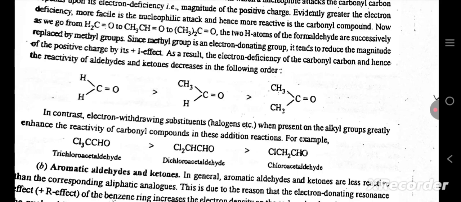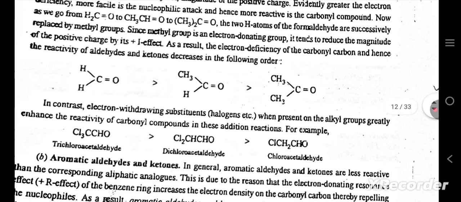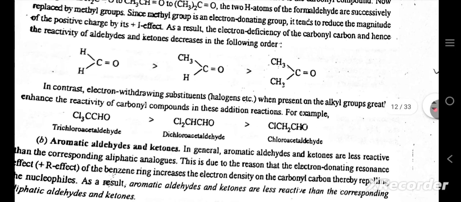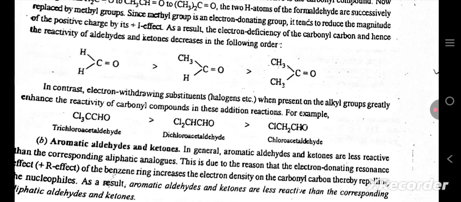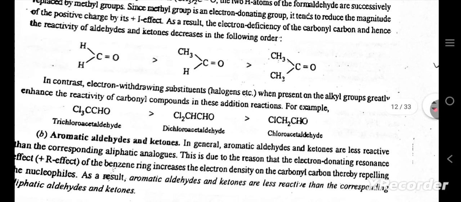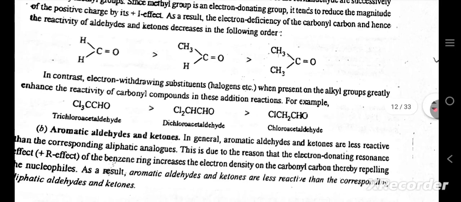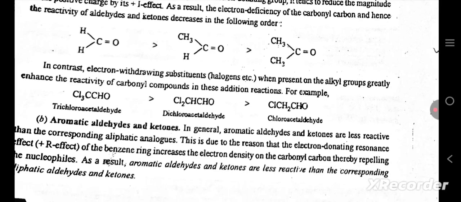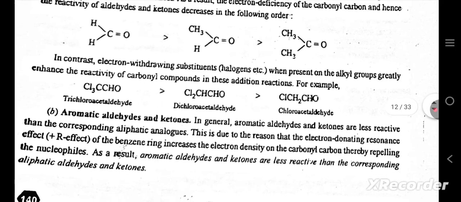Now, as we go from formaldehyde, the two H atoms are successively replaced by methyl groups. Since the methyl group is an electron donating group, it tends to reduce the magnitude of the positive charge by its plus I effect. As a result, the electron deficiency of the carbonyl carbon, and hence the reactivity of aldehydes and ketones, decreases in the following order.